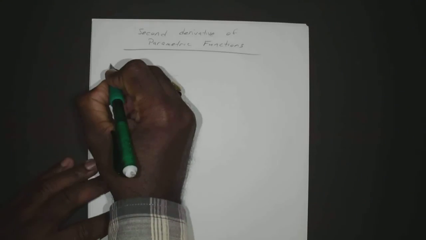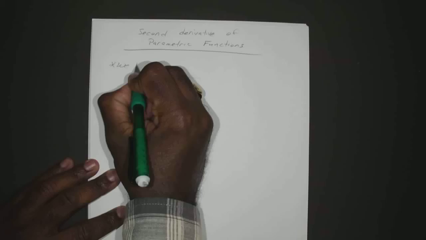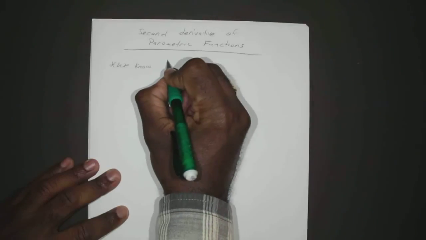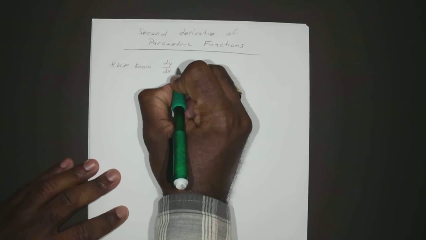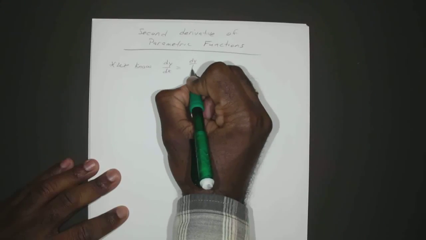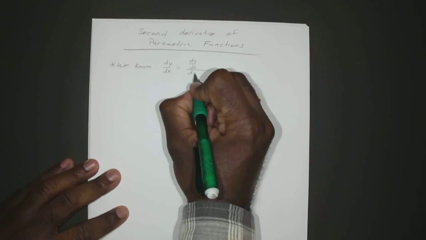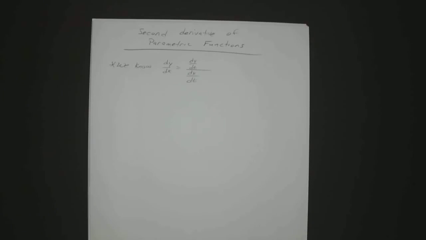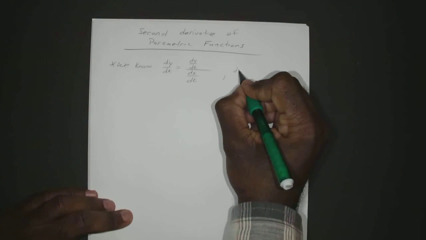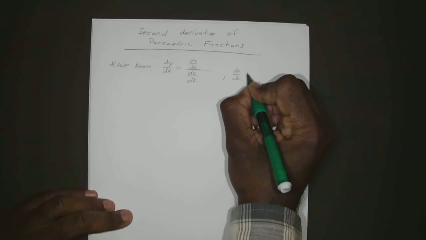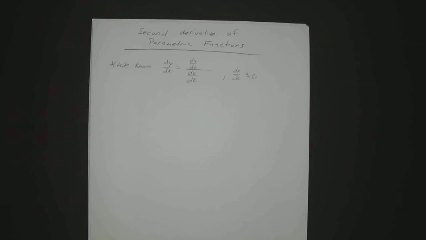Okay, so we already know that dy dx is equal to dy dt over dx dt, or y prime of t over x prime of t, where dx dt won't equal 0.